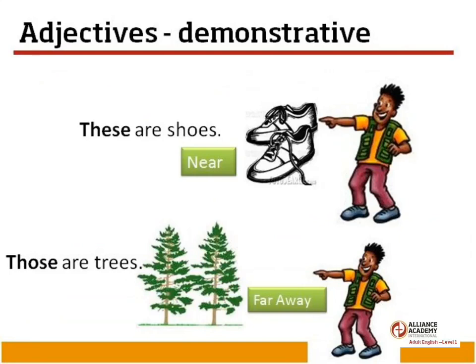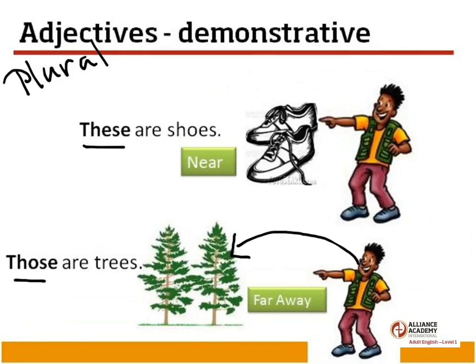Now let's keep looking at the same thing, but now we're looking at nouns that are plural. If the shoes are very close, near, we say these. These are shoes. However, if the nouns are far away, we're going to use those.